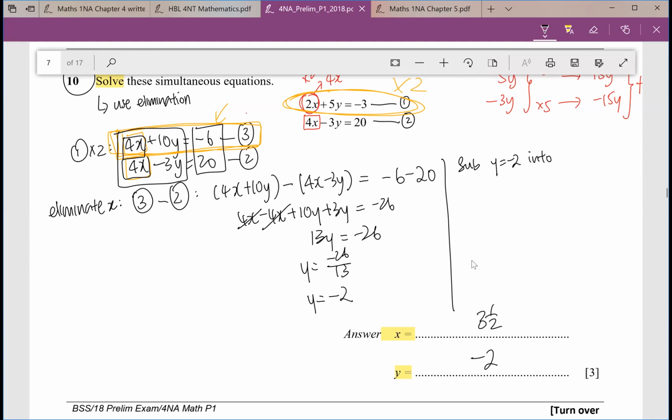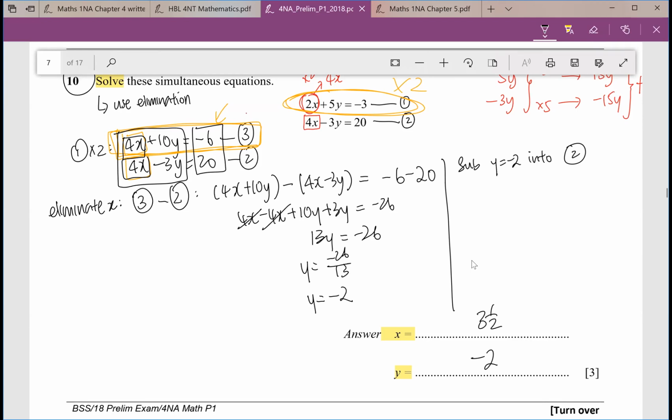Can, yes. Just now I put into 1, now I put into 2. You can put into any, because just now I said the x and y values are the same throughout. Then why not put into the third equation also? Can also, up to you.